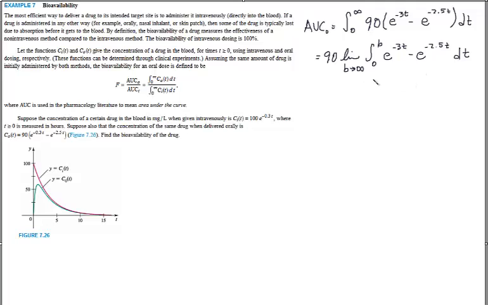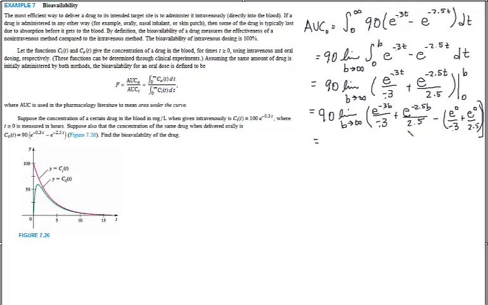I'm going to go ahead and compute this integral and put in my limits of integration. Alright, as b goes to infinity, these are in the denominator, so both of these two components go to 0. And just doing some number crunching, you'll get 264 for that AUC naught.